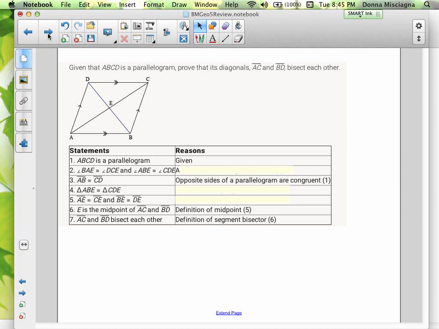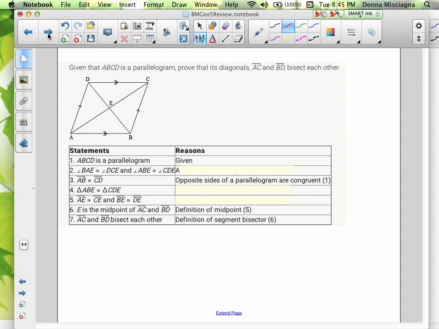And angle BAE. I actually didn't write this proof. I borrowed this proof because I was looking for a fill-in for us to go through. And actually, I think there should be a statement between 1 and 2. But let's go over step 2.